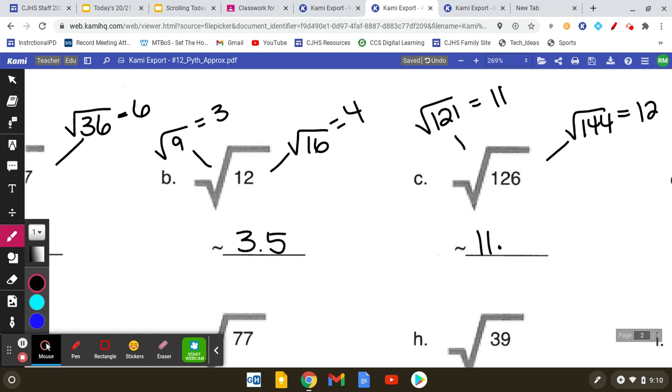What do we want to say it is? 11.3. Let's go right in the middle of your guesses and say 11.3. Again, it's estimating, it's approximating. You don't have to be perfect, as long as you don't put something like 11.9, which would be incorrect.